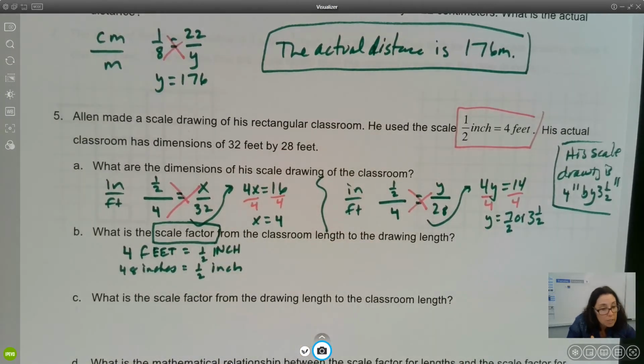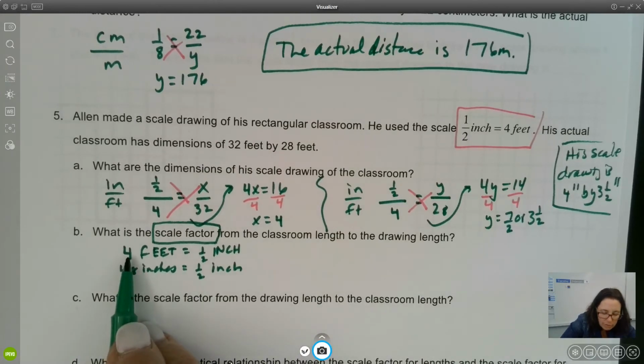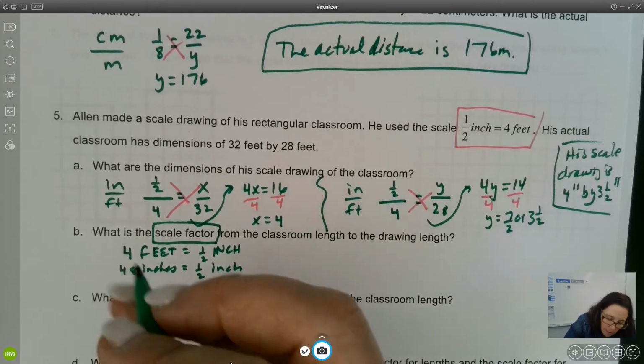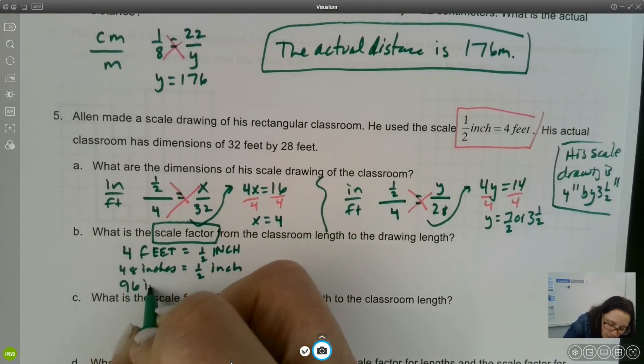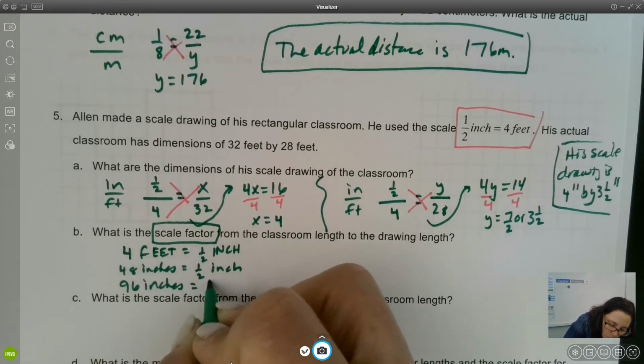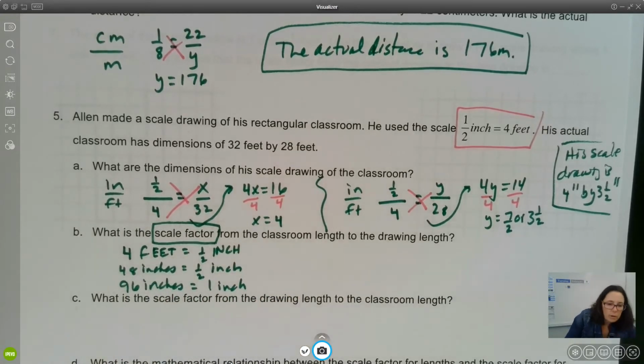Aren't there 12 inches in a foot? And if we have 4 feet, 4 times 12 is 48 inches. I want a 1 here. That would be 96 inches to 1 inch. So I'm either going to be using 96 over 1 or 1 over 96.